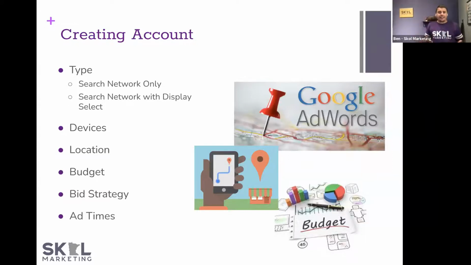Some other things to consider: you also get control over devices. You can tell Google, hey, I know you're going to show my ads on desktop, mobile, and tablet, but I really want to focus on mobile devices. I really want to defocus on laptops, whatever it may be for you.